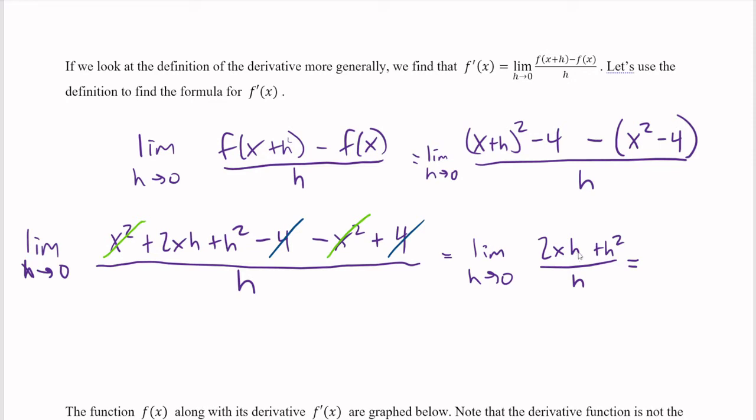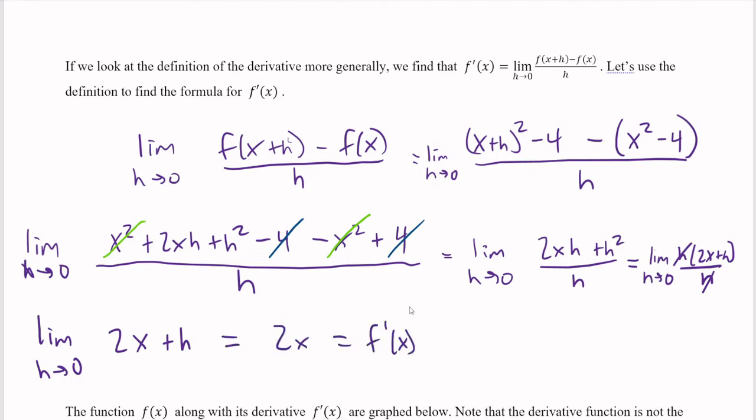So let me just make that happen. Factor out an h. Remember, don't forget your goal as you're doing a process. So that's h times 2x plus h over h. All right, so those will cancel, and I'm left with the limit as h goes to 0 of 2x plus h. Now, I can do direct substitution, 2x.